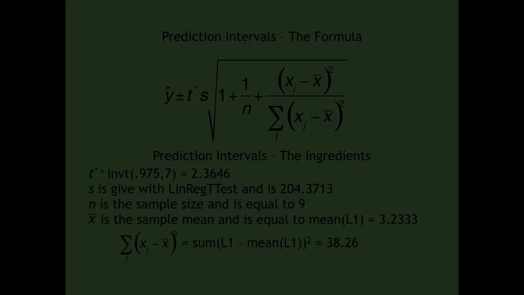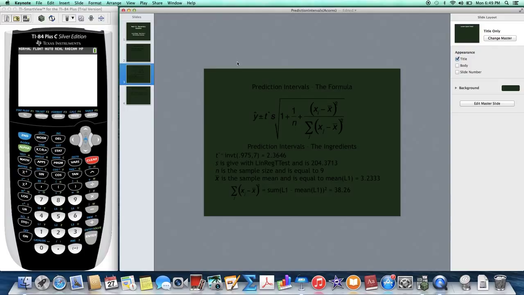So what we have here is the formula, and then I also am giving you the pieces or the ingredients that go into that formula. So the first thing I want to talk about here a little bit is T star. Now that T star value is going to define the number of adjusted standard deviation units necessary for the specified level of confidence.